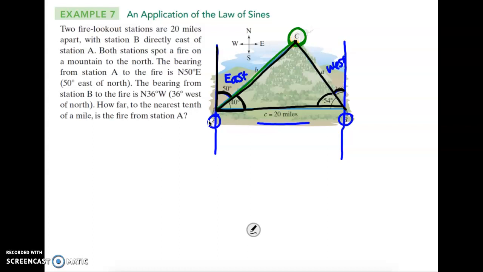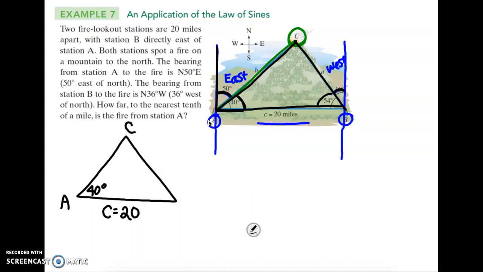So I'm going to redraw this triangle in the black. Here's angle C. Here's angle A, sitting at 40 degrees. Here's side C with 20 miles. Angle B of 54 degrees.